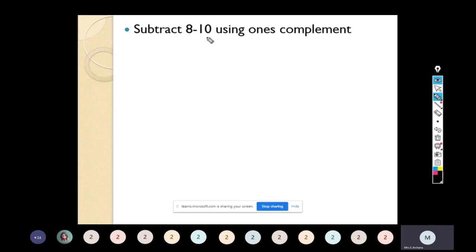Yes, 8 minus 10. First we have to find the binary value for 10, which is 1010. The 1's complement for 1010 will be 0101.